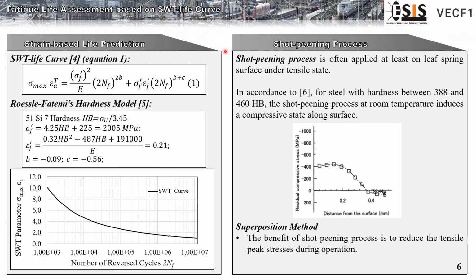After simulating our model, we can predict the fatigue life by using the SWT life curve, equation 1, where the coefficients and exponents may be estimated by the hardness model, where the hardness of springs can be approximated by this formula. As a result of this calculation, we obtain this SWT life curve.